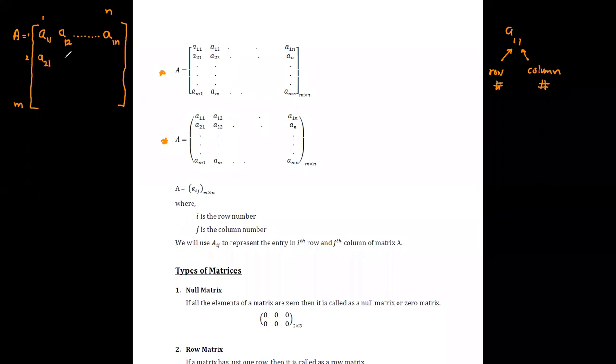Likewise, we can write the next element as A22, which is second row, second column. If you move further, we have A2n, the second row, nth column.